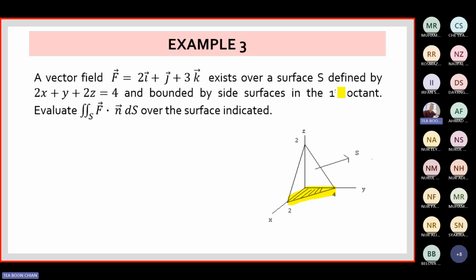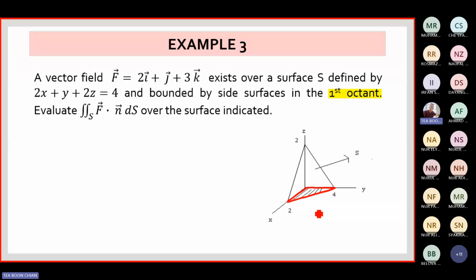Now, you also notice that the words mentioned first octant. So I hope all this highlighted part gives you some information. If this is the shaded region, you notice that it is actually on the XY plane. This little triangle lies on the XY plane.